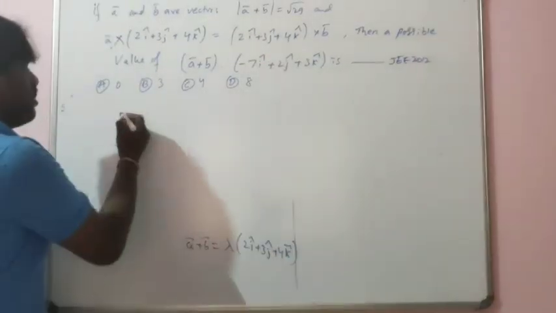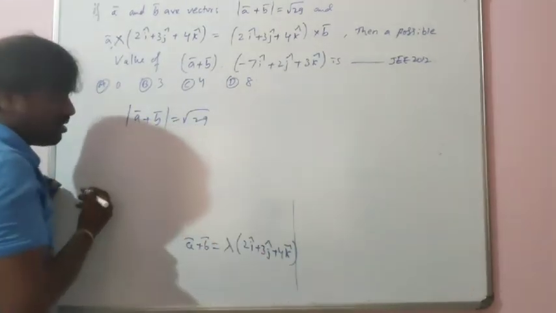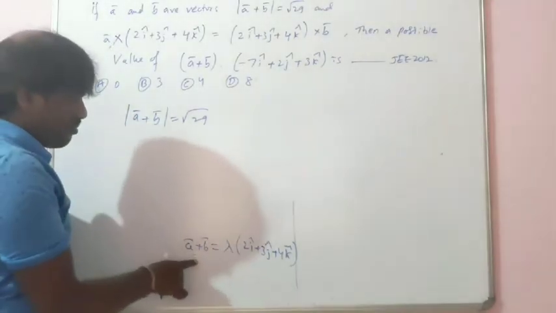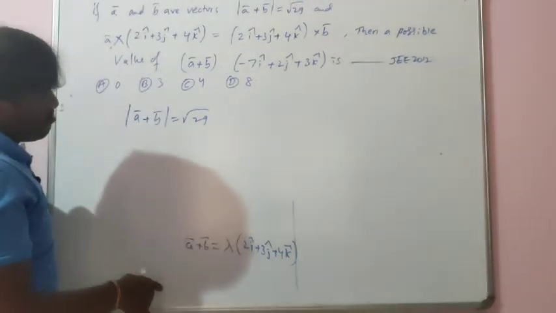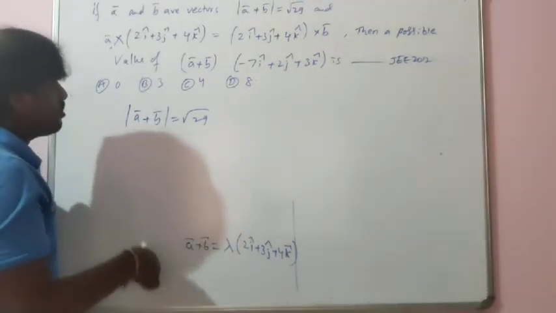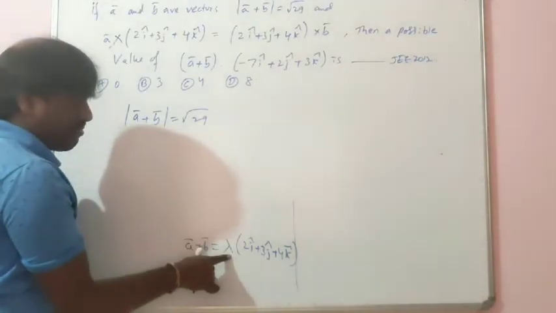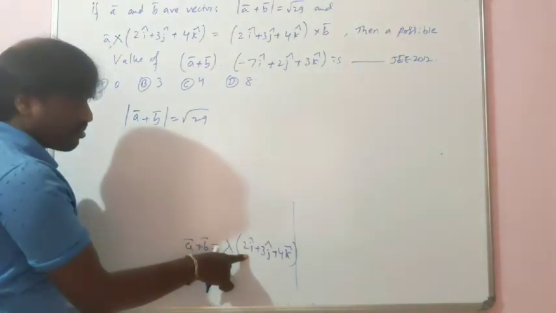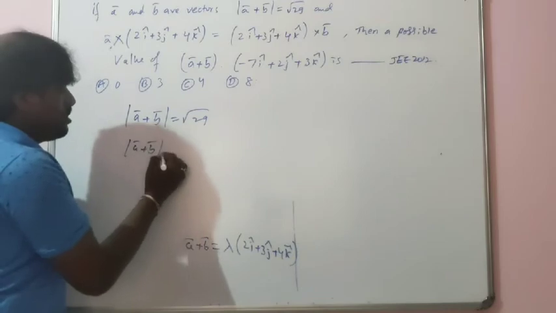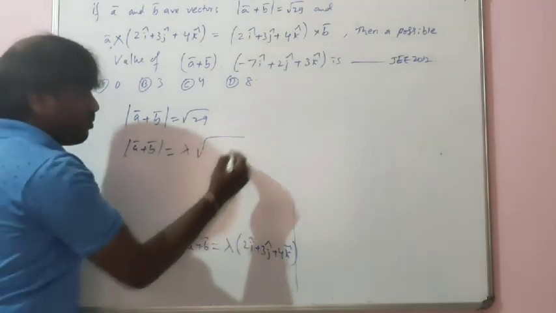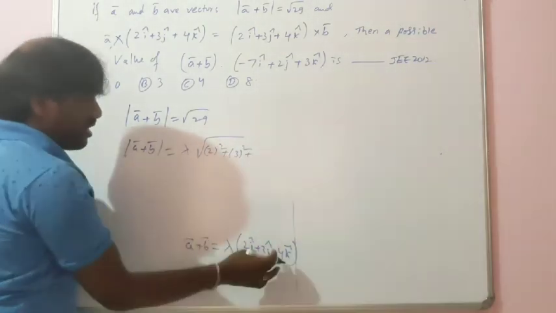Now they gave that the modulus of A vector plus B vector is equal to root 29. Then I can use this: modulus of A vector plus B vector is equal to this. So I'll find the modulus of this. Modulus of A plus B is equal to lambda times square root of 2 square plus 3 square plus 4 square.